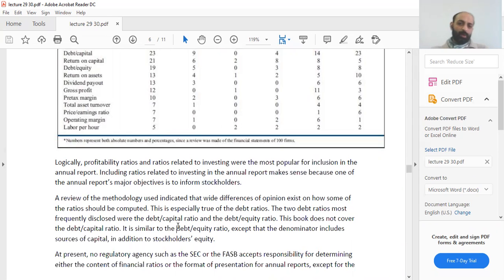Now, why is it one of the major objectives? The reason is that the company is owned by the stockholders, so as management, since you report to the stockholders, you have to give them as valuable and as authentic information as possible.